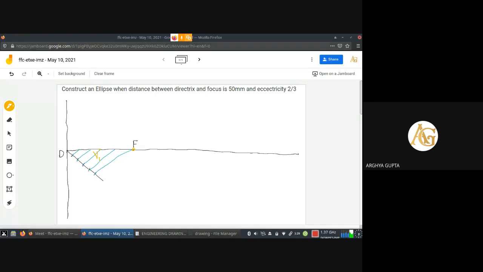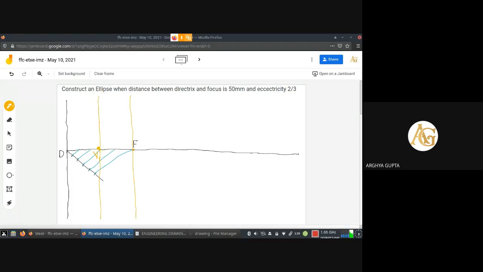Now through the focus, draw a vertical line like that. And through the vertex also, draw a vertical line to V1. Now just follow the step here.